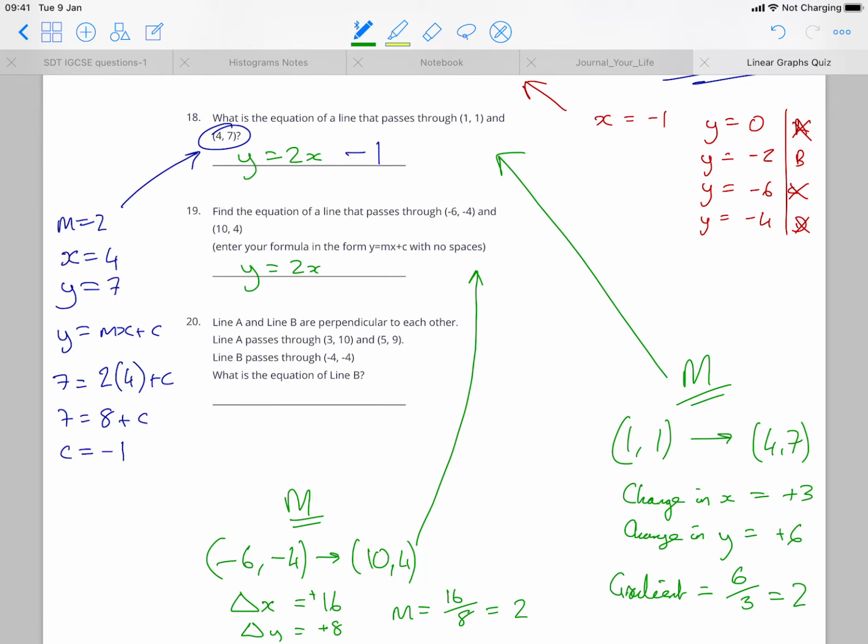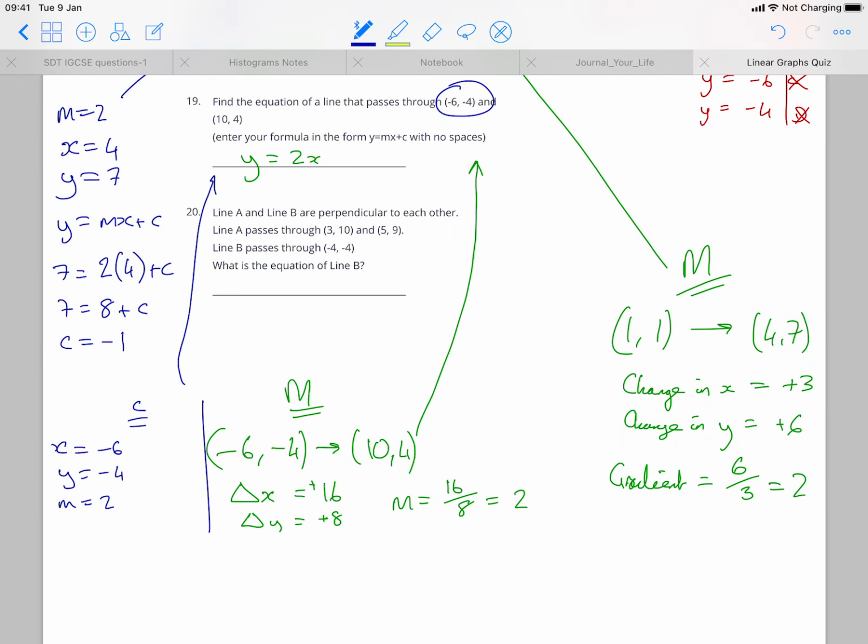Then we need to find the intersection on the y-axis. So again, we're going to find c. Let's pick one of the coordinates. I picked the second one before, I picked the first one this time. So x is -6. Ooh, terrible x. y is -4, and m is 2.